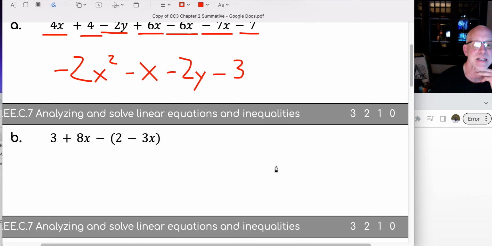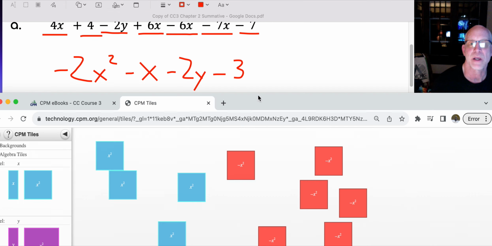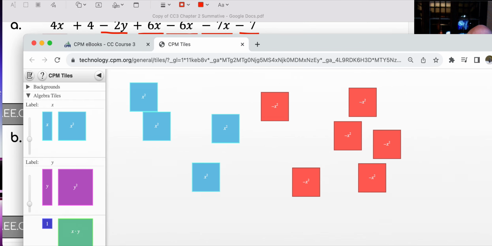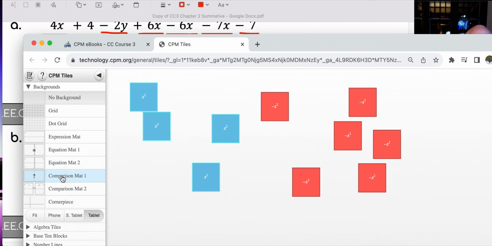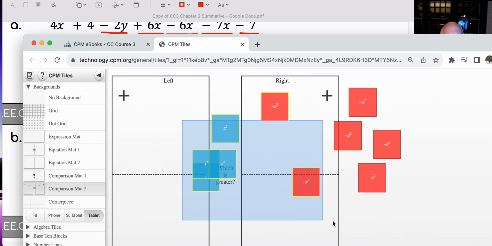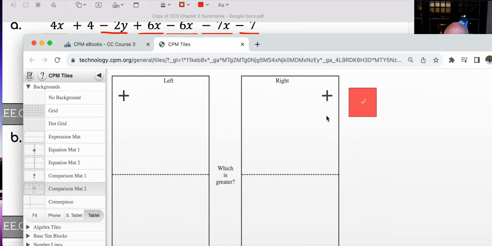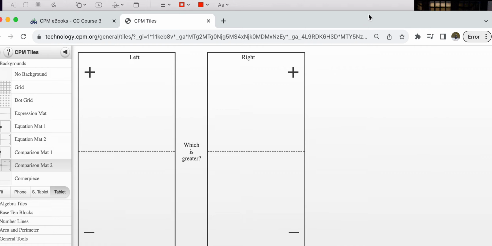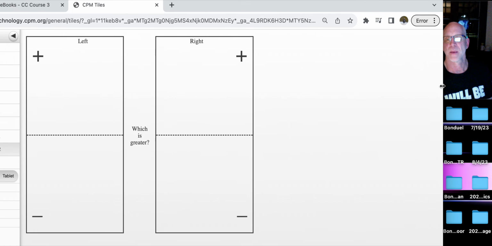On this one, I said we need to use a comparison mat. So up here, we're going to go to backgrounds, and we're going to go to comparison mat number 2, because we need one that has the positive and the negative area. Okay.